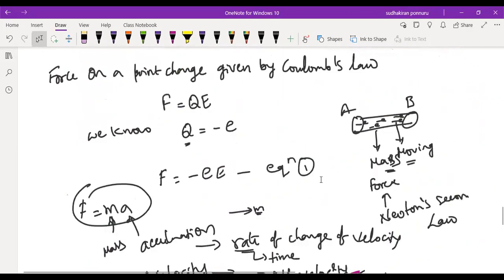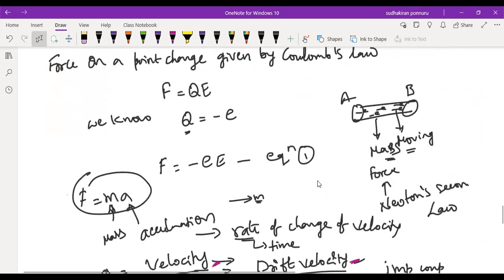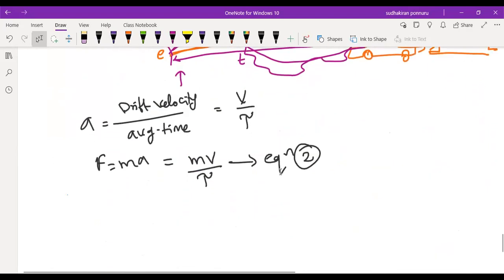Equation 1 deals with the electron force, the mass we have taken is for the electron, and the acceleration is also with respect to the electron. So this force is experienced by the electron because of Newton's second law. Therefore we can relate equation 1 and equation 2.